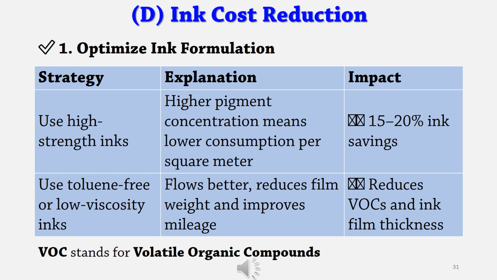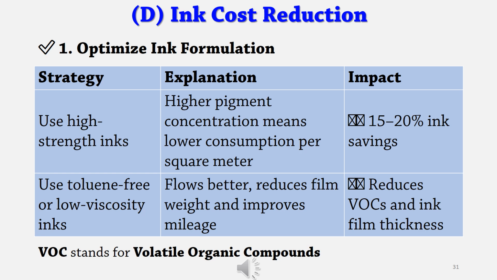Optimize ink formulation to reduce ink cost. The strategy is to use high strength inks. Higher pigment concentration means lower consumption per square meter. The impact will be 15 to 20% ink savings.